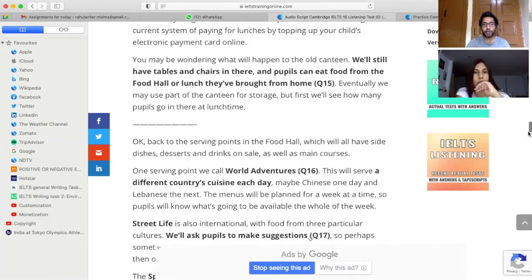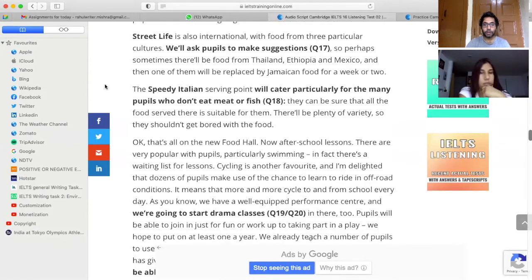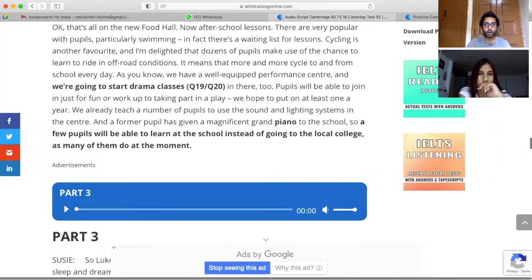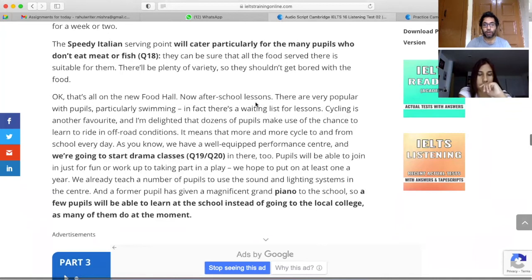Okay, yes. Now we are going to check 19. That is everything about the new food hall. Now we are talking about after school lessons. They are very popular with pupils, particularly swimming. In fact, there's a waiting list for lessons. Cycling is another favorite. I'm very happy dozens of pupils make use of the chance to ride in off-road conditions. It means more and more students are going to cycle to and from school every day. As you know, we have a very good performance center.